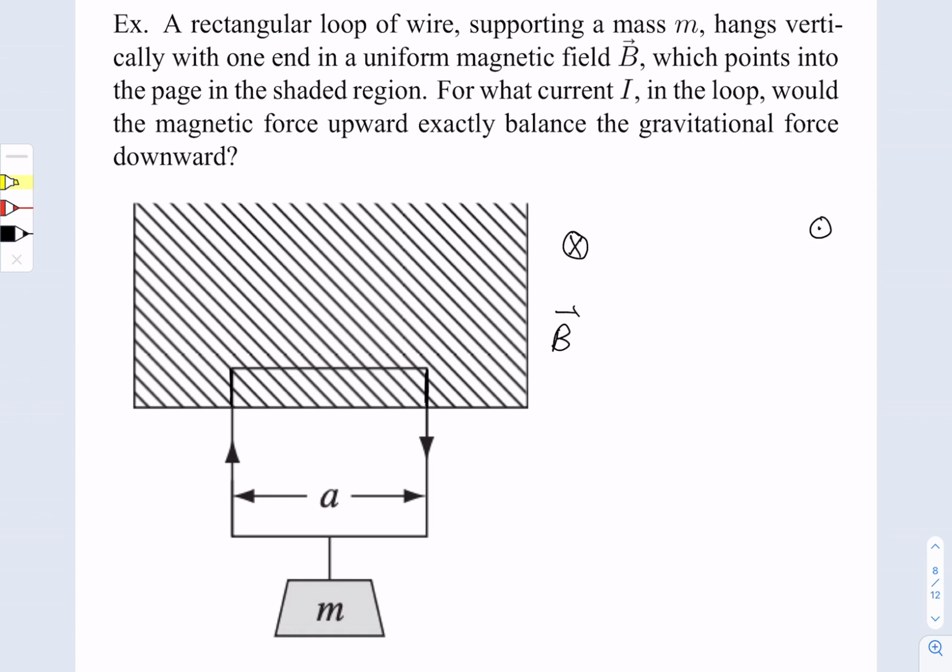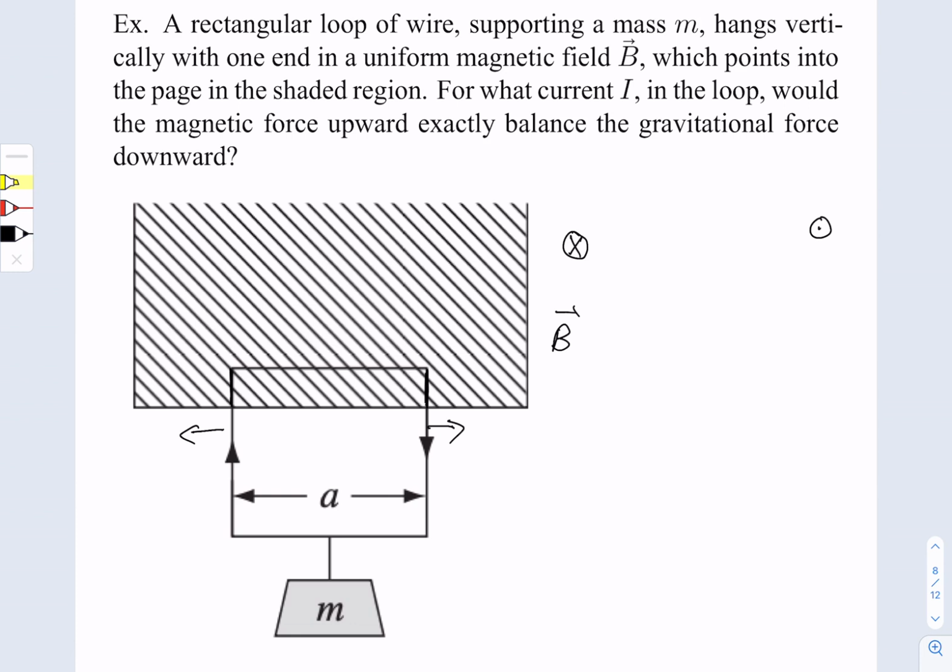Because of the current over here and the B field into the page, one should be feeling a force towards the left, and the other should be in the other direction, so these two forces on the sides cancel.